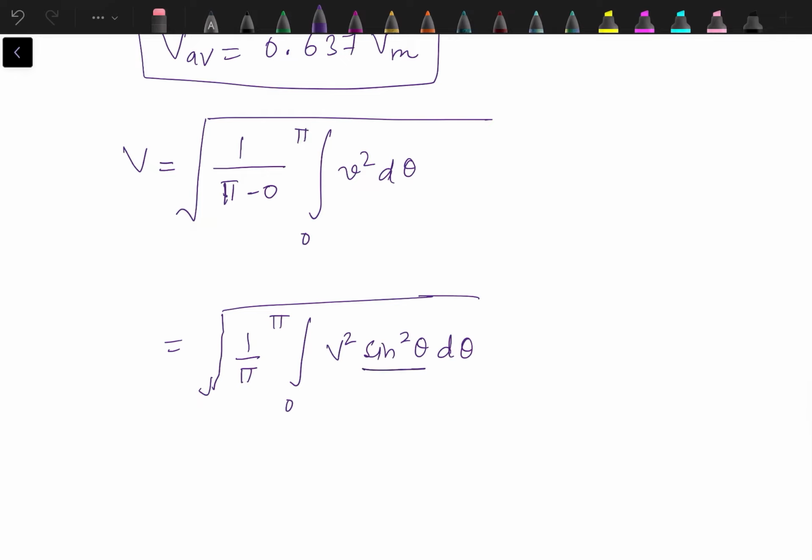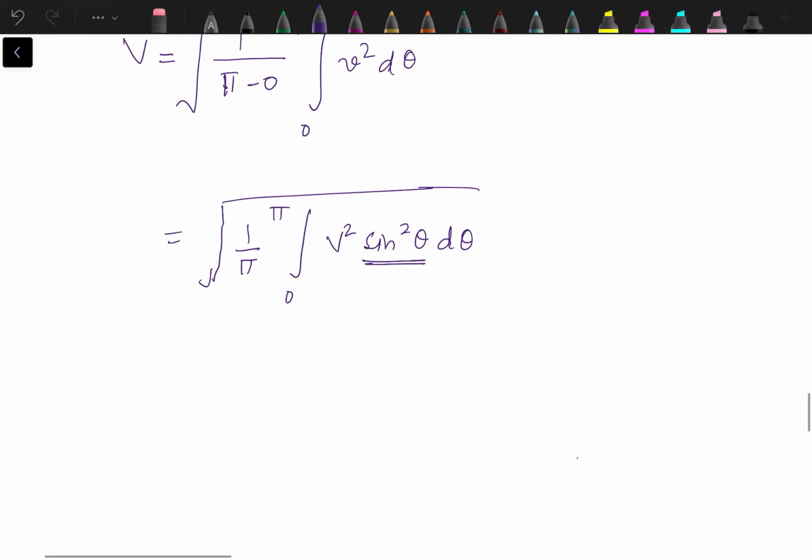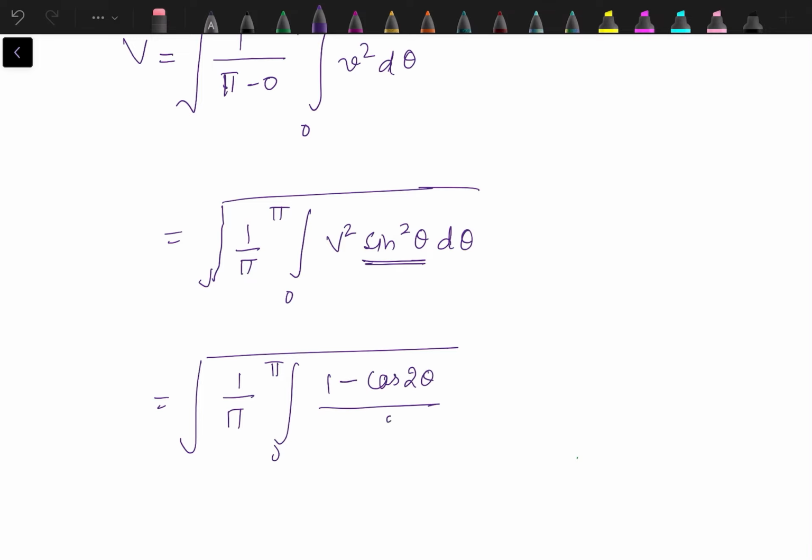Now we can't integrate sine squared theta directly, but we can express it as (1 minus cos 2 theta) by 2 into d theta.